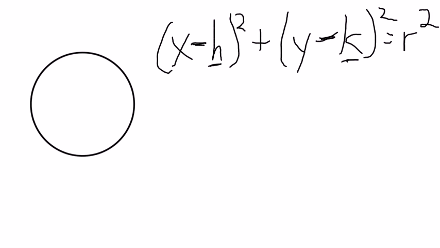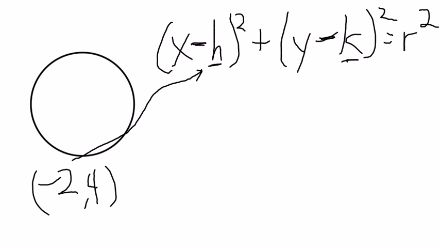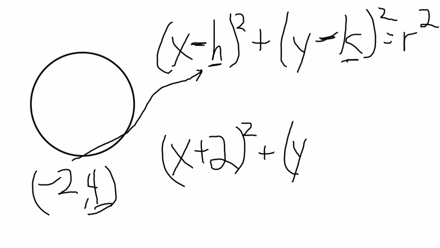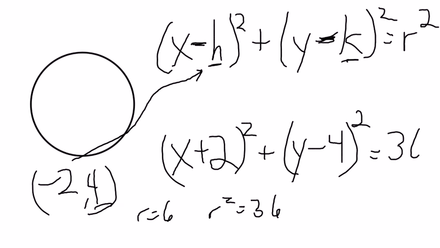So if the center is at -2, 4, you've got to actually substitute the -2 in there for H. So it's going to give you x plus 2 squared plus, and then it's positive 4, so it's going to give you y minus 4 because it's minus K. And then squared, and then r squared, the radius is supposed to be 6, so r squared is 36, right? If r is 6, r squared is 36. So we put 36 right there, and there's our equation of the circle.